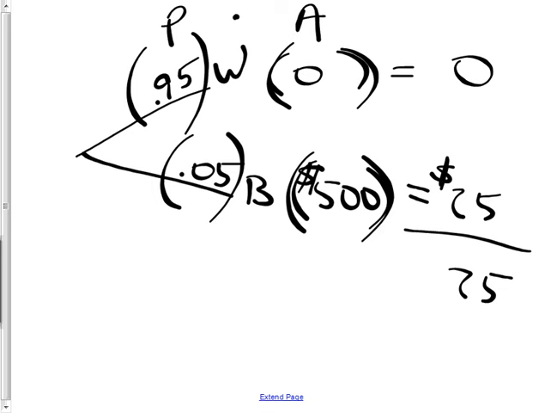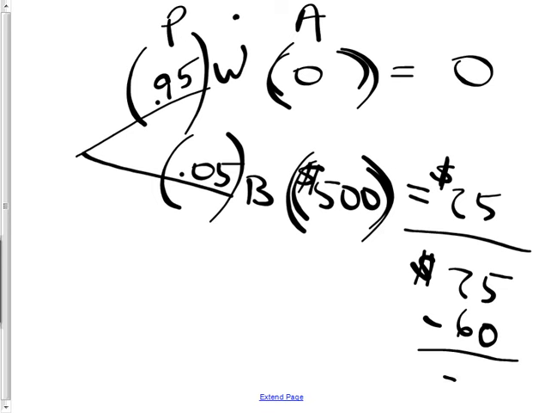The only thing is, so far, I never told you how much the warranty cost, did I? That's how much the warranty would be worth, 25 bucks. What do they usually sell them for? A lot more than that. Let's say that they sell it for $60. So then how do you figure that in? You just put in the 60 at the end and say minus 60. It was worth 25. Now I take away the 60 that I actually had to pay for it.